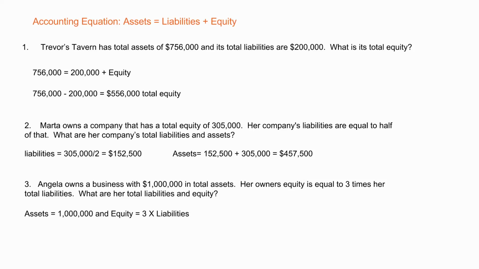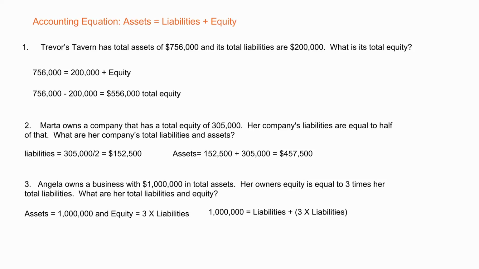What I like to do in an equation like this, if I don't see an easy path to move forward, like in the last one where they gave us our equity and our liabilities were half of that, is to plug in the words and see what kind of logic that gives me. So I replaced equity here with 3 times liabilities. So we have $1 million equal to liabilities plus 3 times liabilities.